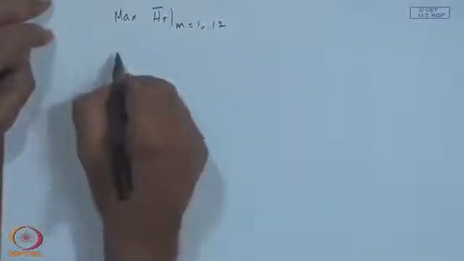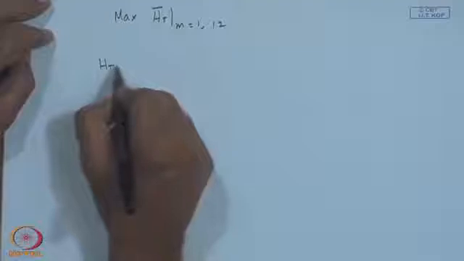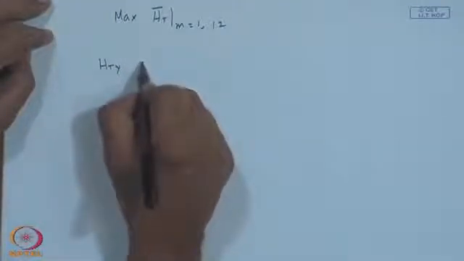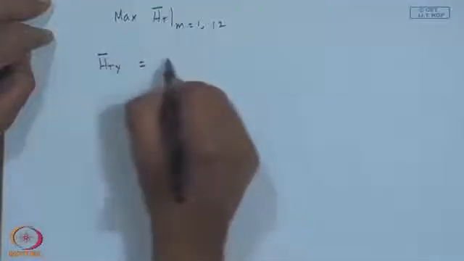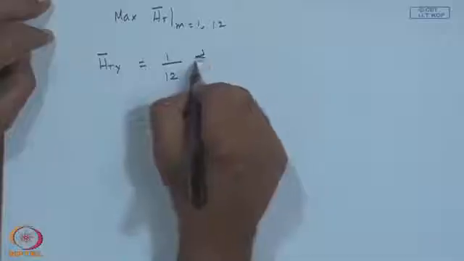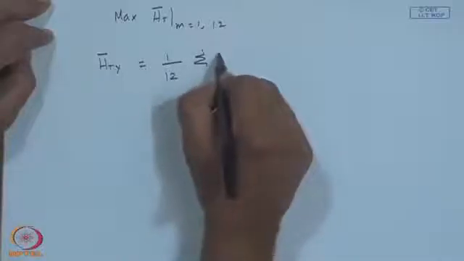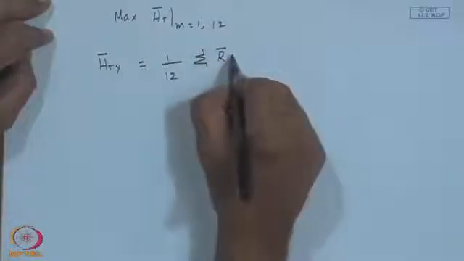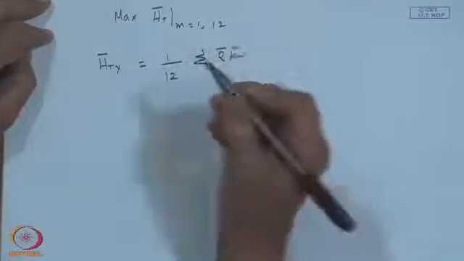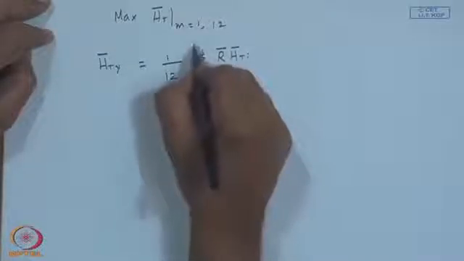Okay. So, technically we can find out HTY total or average, does not matter, 1 upon 12 sigma of HT bar for the month, 1 to 12.